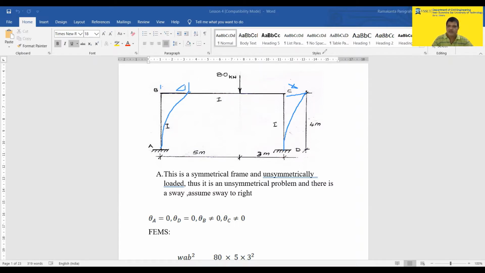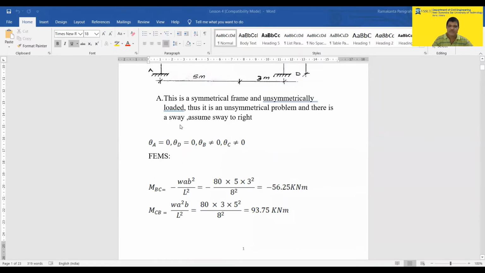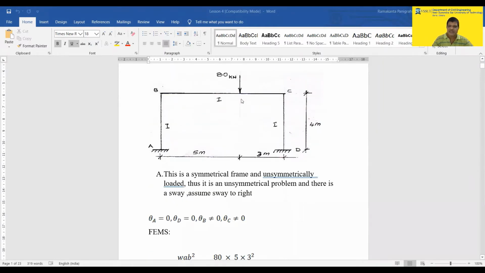Now we'll think about how to calculate the values. First, like in all problems, you calculate the fixed end moments. For the span BC, it is a point load. There is no other load on AB and CD, so MF AB, MF BA, and MF CD will be equal to 0.